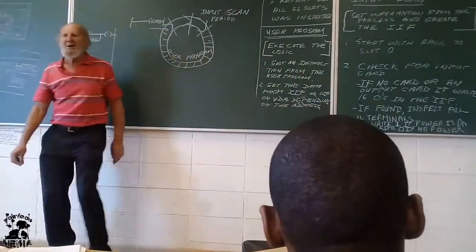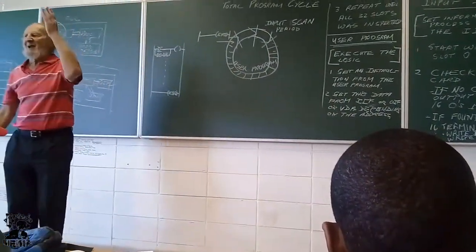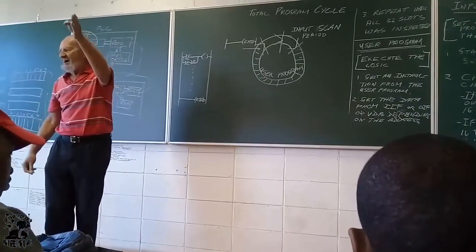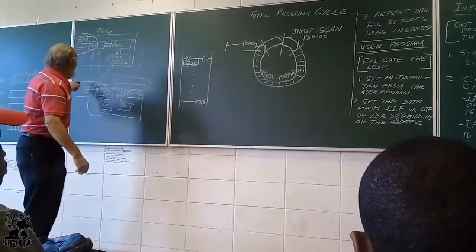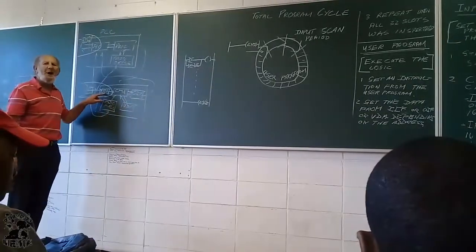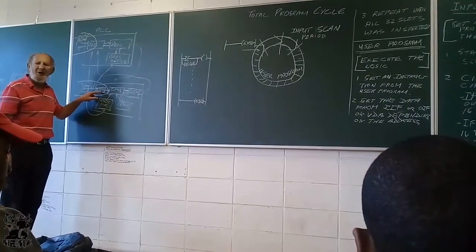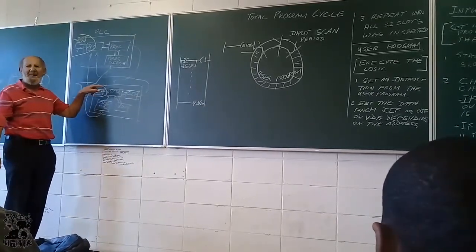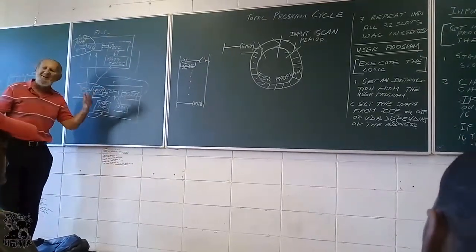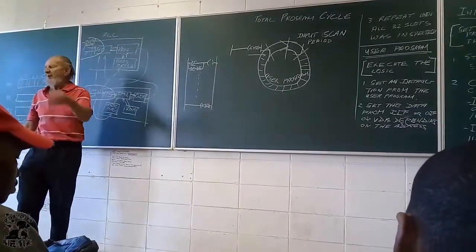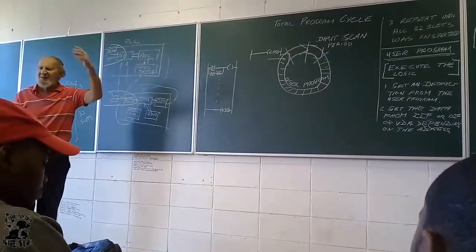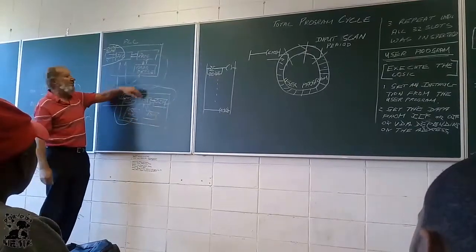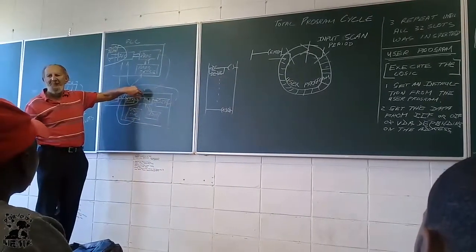What do I mean depending on the address? If the address starts with an I, it's going to get the information from here. If the address starts with an O, it's going to get the data from there. If the address starts with B3 or T4 or C5 or N7 or F8, it's going to get the data from there.